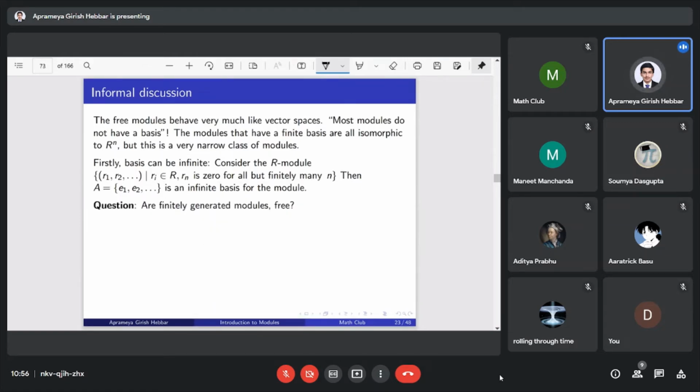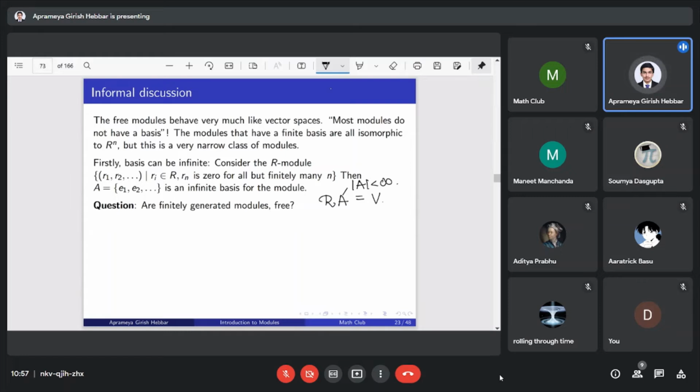So again, let's recap what finitely generated modules are. You have some finite set A, and you have some ring R acting on the set A to get V. So this A is actually a finite set. So the question is, are finitely generated modules even free?